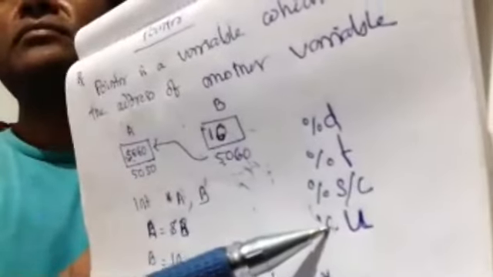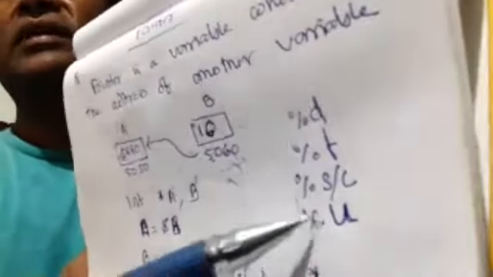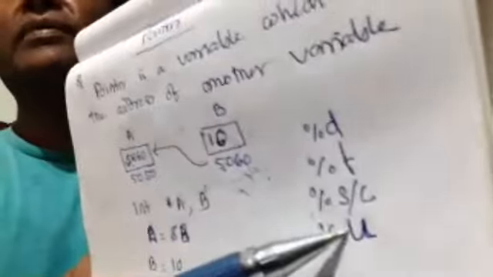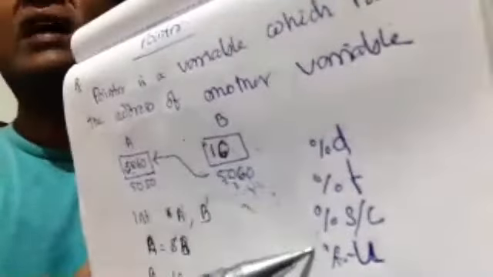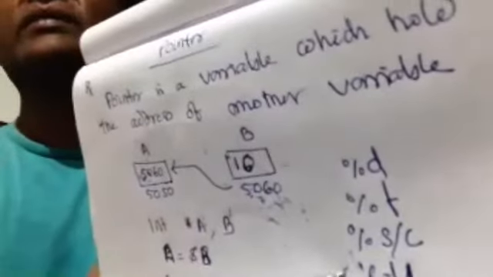It is a solid number. So that's why while you are going for address, it always go for unsigned. It's clear. Yes, sir. It is not D, it is not F, it is not S and C, because you are going for address, and address is a solid number, there being no plus and minus. That's why it is unsigned, and it is represented by U.